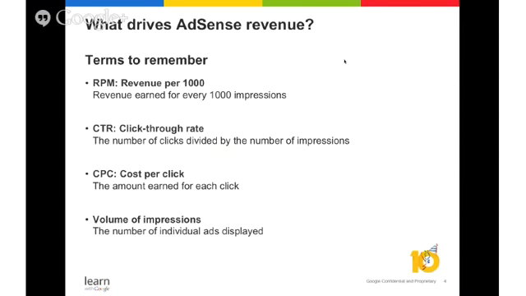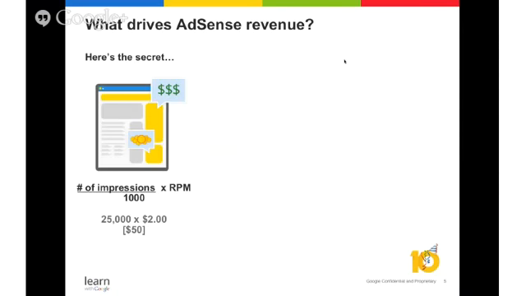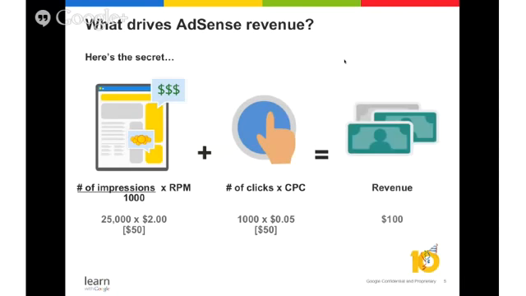Okay, so now that we have that out of the way, we can talk about what actually drives the AdSense revenue. So there are two main components that equal revenue, and I think it's easy to get caught up in either impressions or clicks, but we want to make sure that we're thinking holistically about both of these inputs. So the first component, as we just talked about, is the impression base. So that's users seeing ads.